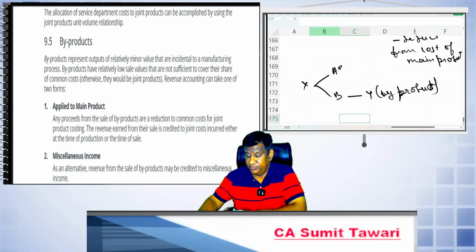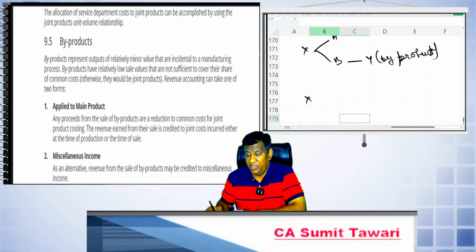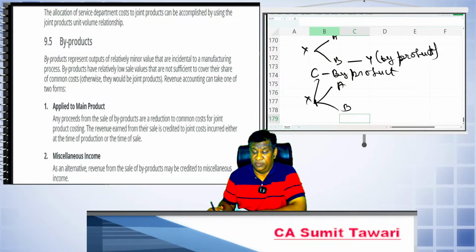Or X, A and B, and at the time of both processes, or at this level, there is a product C. That is also a byproduct. So if product C arises at the time of split off, then you need to reduce it from the joint cost.